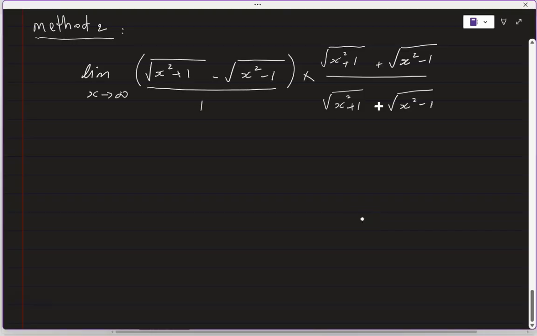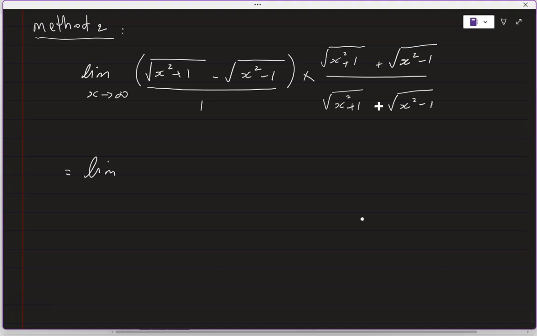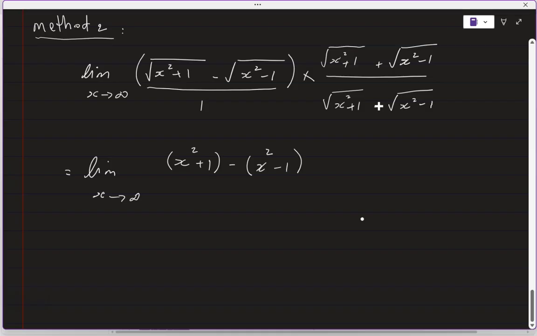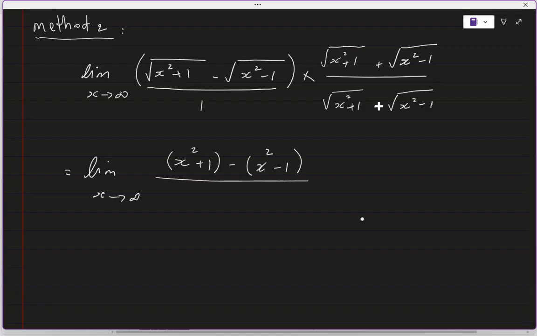It's basically multiplying the top, multiplying the bottom, and rewriting. So the limit as x approaches infinity, the top you will get x squared plus 1, because of difference of squares, minus x squared minus 1, all over the square root of x squared plus 1 plus the square root of x squared minus 1.